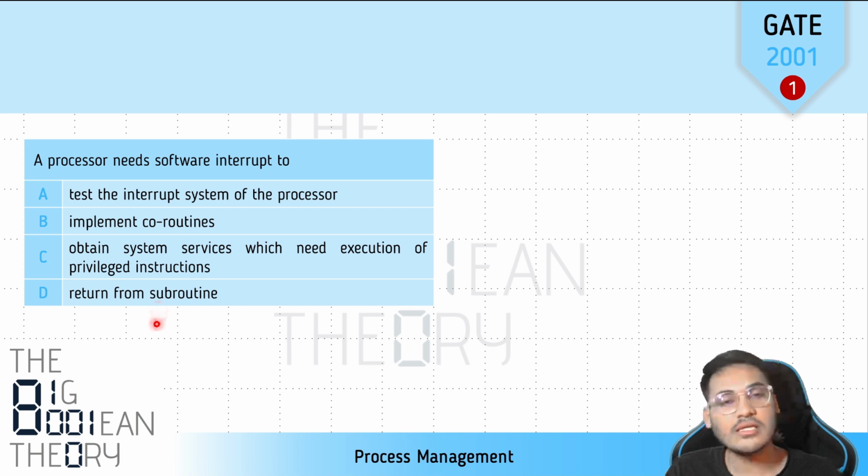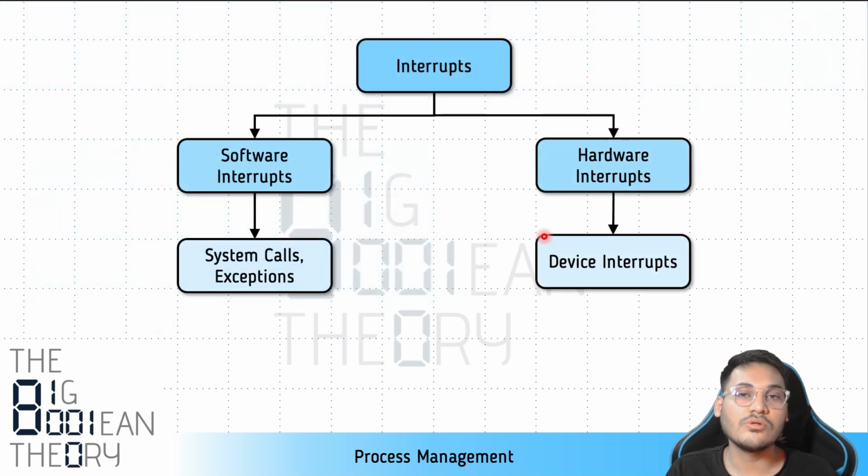So the first thing that we should do is understand what a software interrupt is, right? I have already talked about software interrupts in great detail in one of the earlier videos. First of all, an interrupt is a signal for the CPU. It is basically used to notify the CPU that there is an event that needs immediate attention from the operating system.